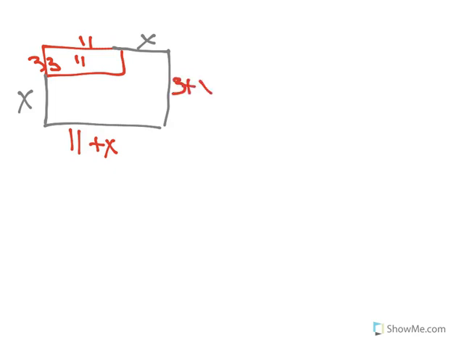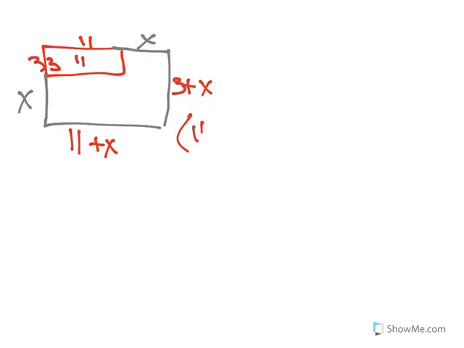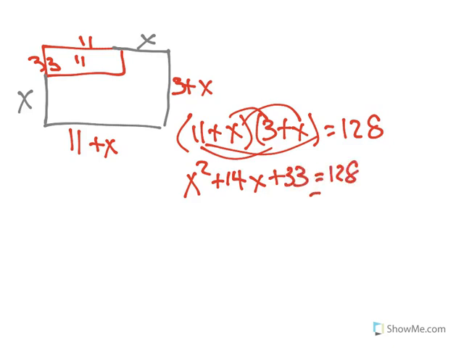And for the same reason, if this red part is 3 and this part is x, then this is 3 plus x. And again, it simply said that the new rectangle was 128, meaning that 11 plus x times 3 plus x is 128. We don't have to do any subtraction here. They didn't say it's 128 greater. So I'm going to do my FOIL. I've got x squared, I've got 3x and 11x, which is 14x, and I've got 33. So I should end up with x squared plus 14x minus 95.